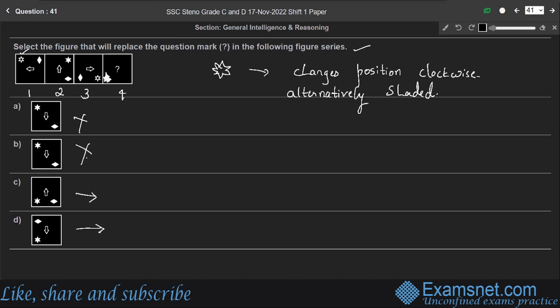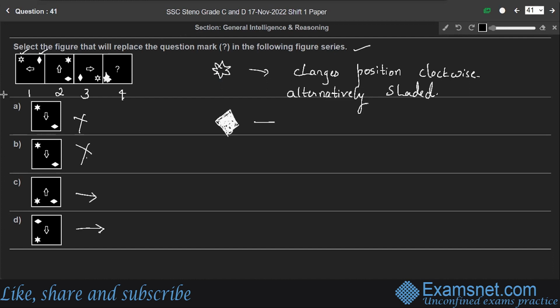So look here, consider the second figure, which is the rhombus-like, kite-like figure. This kite figure is shaded in each figure in the given series. Look at its position. It is moving in clockwise direction, but its direction is changed.